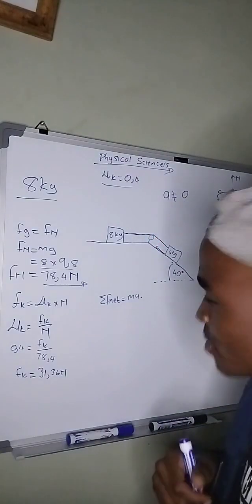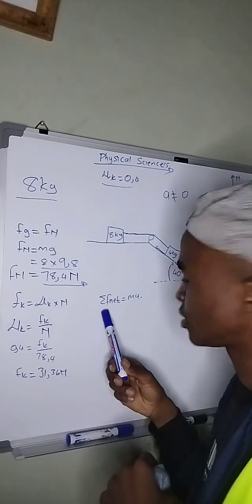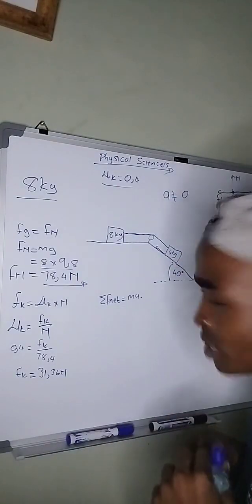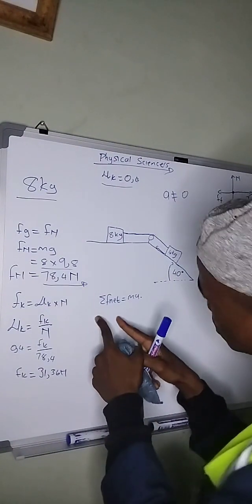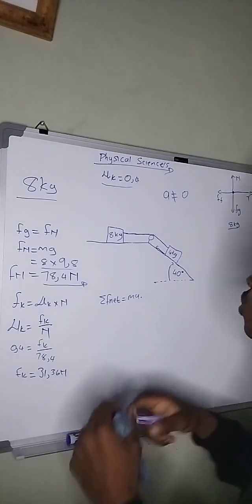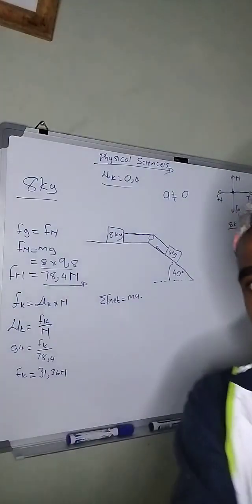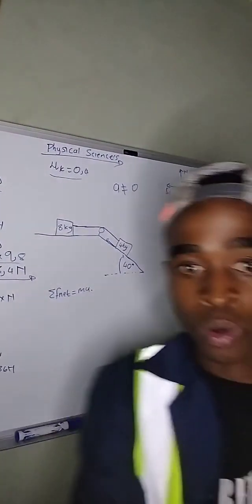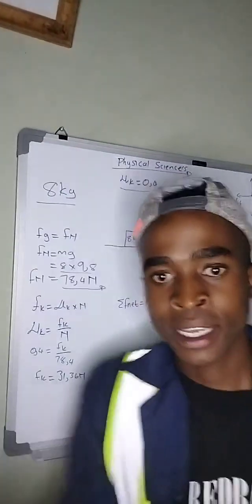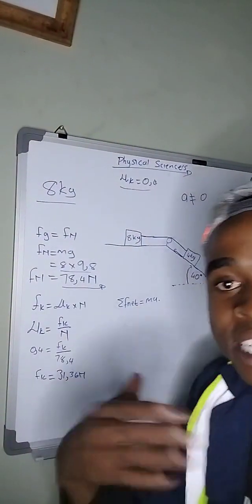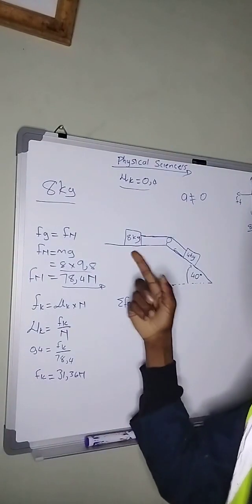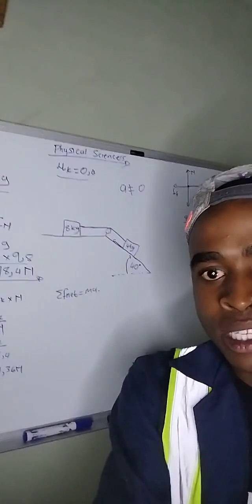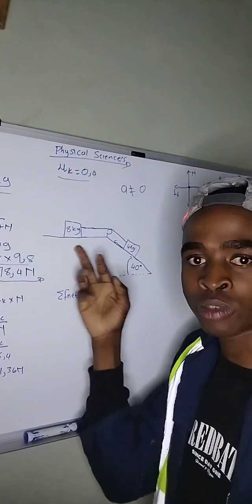Now we are going to have Fnet equals ma. Since Fnet equals ma, and we're still on the 8 kg, we are going to focus on the forces that result in the acceleration of this object. How many forces result in this object accelerating?